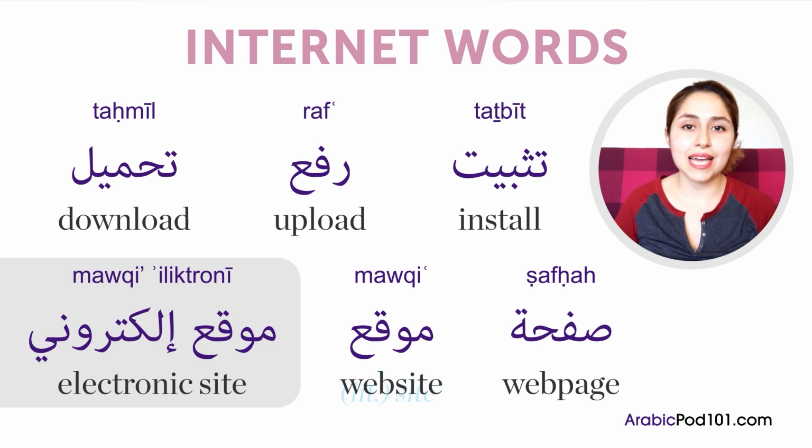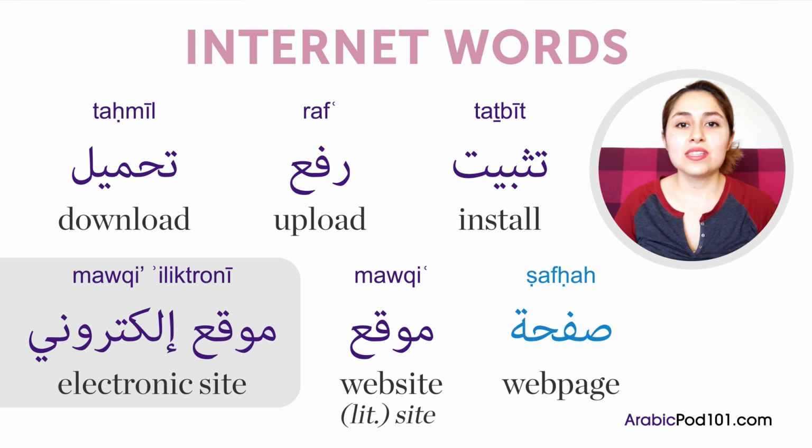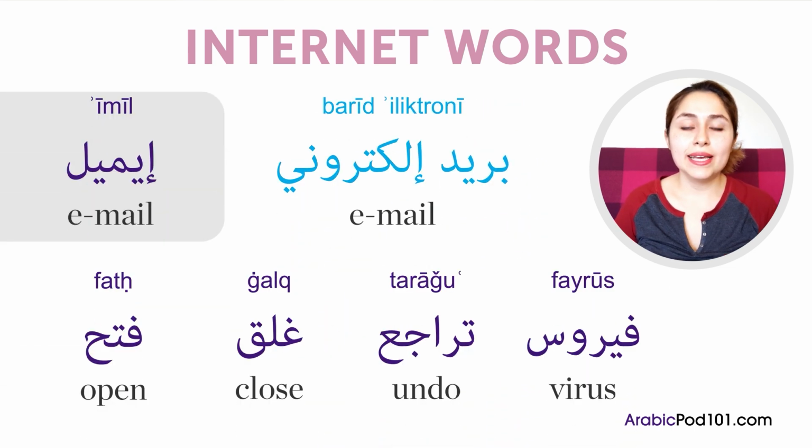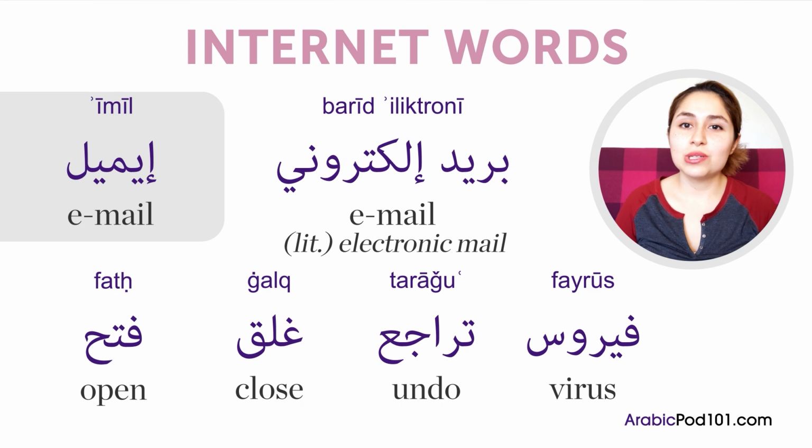It literally means site, and it's the short version of the expression موقع إلكتروني, literally meaning electronic site. صفحة, web page, literally means page. بريد إلكتروني, email, literally electronic mail. You might also see email written in Arabic letters sometimes.